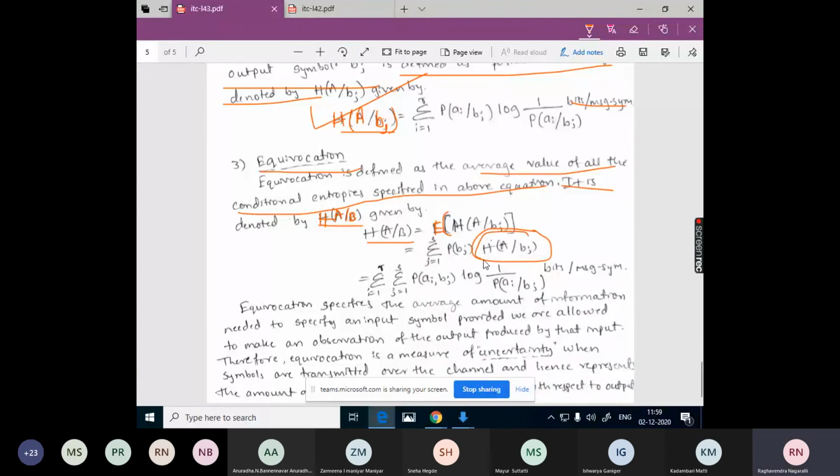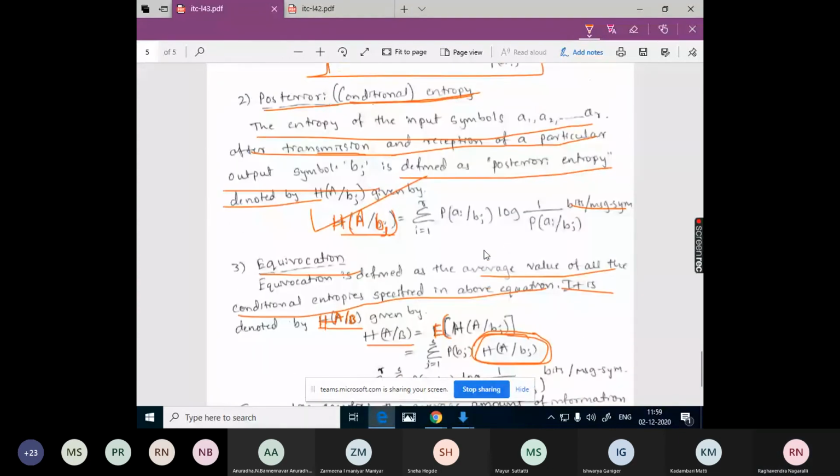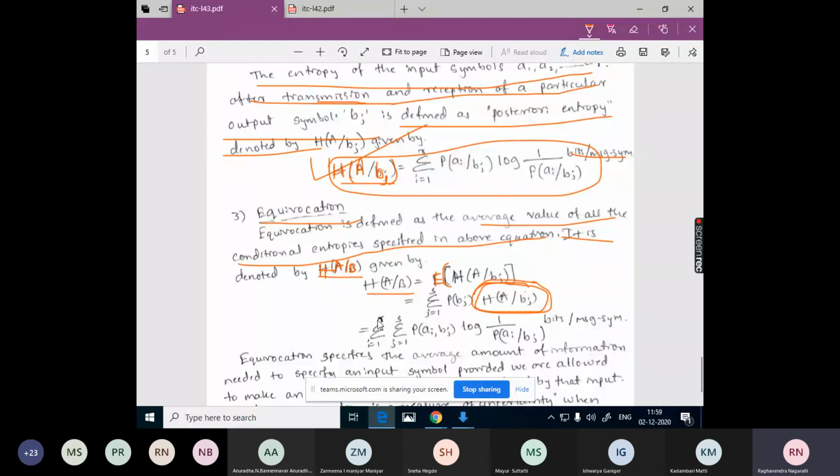If we substitute this equation here, we will end up getting two summations, one for the input and one for the output symbols: I is equal to 1 to R from the conditional entropy, and j equal to 1 to s from the equivocation.